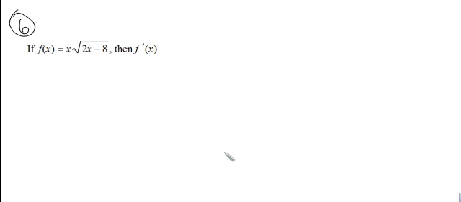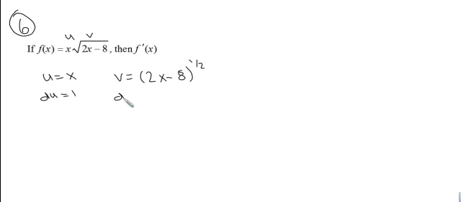Okay, for number 6, once again, we need to find the derivative. To find the derivative, we're going to have to use the product rule. So u is x, v is, I'm going to rewrite it, (2x minus 8) to the 1/2. So the derivative of u is 1. To find the derivative of v, I'm going to have to use the chain rule. So I'm going to have 1/2.